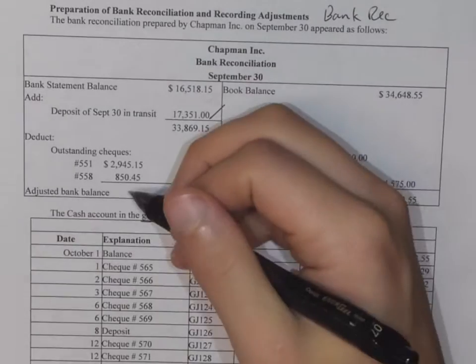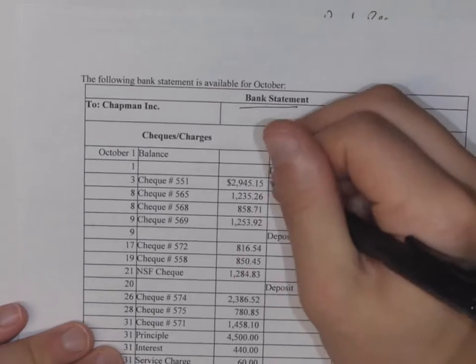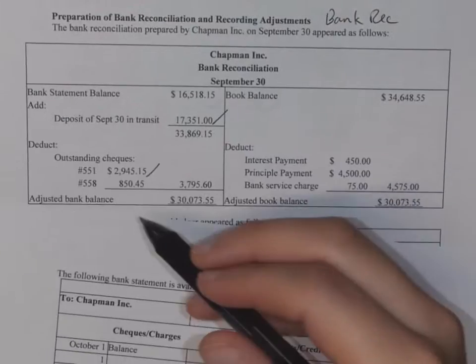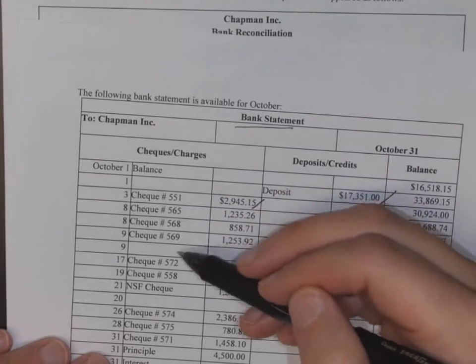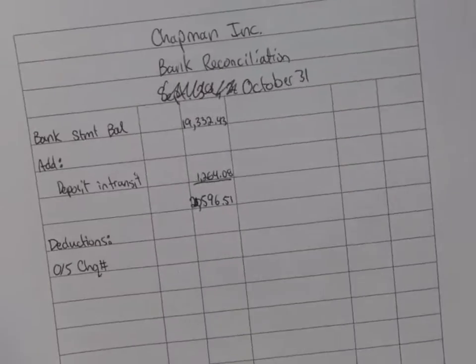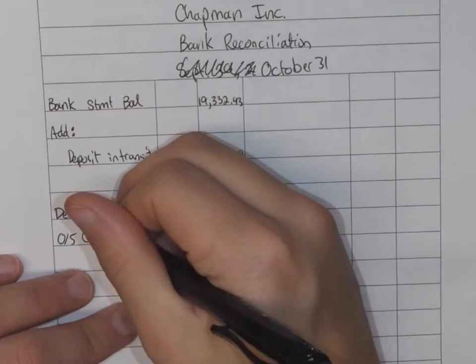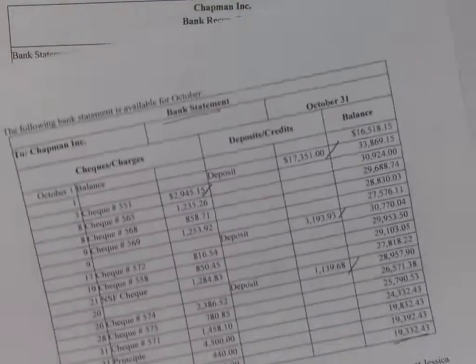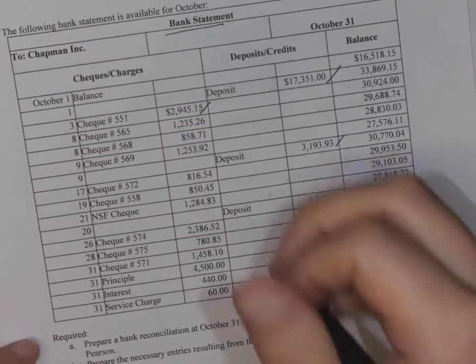That was in the October. Did check 551 clear? It did, so we can mark it off. How about check 558? It did not. So we need to bring check 558. Oh yeah, it is there too, okay. Sorry guys, I missed that.